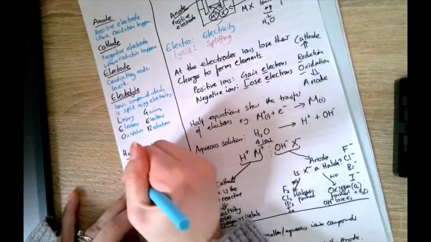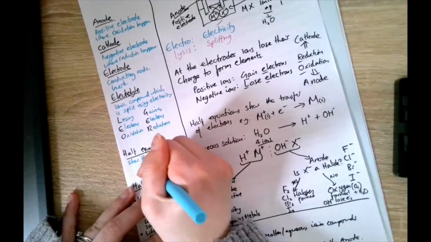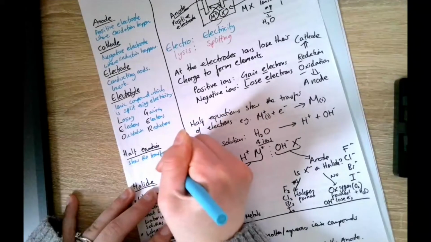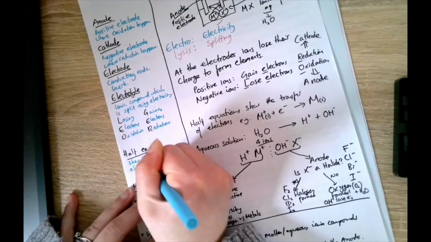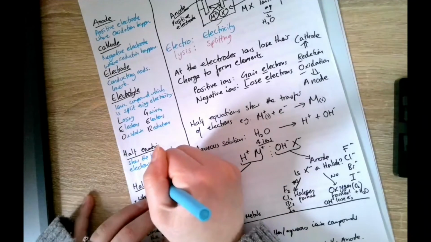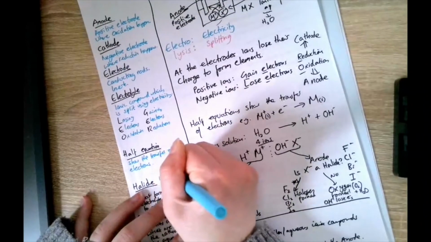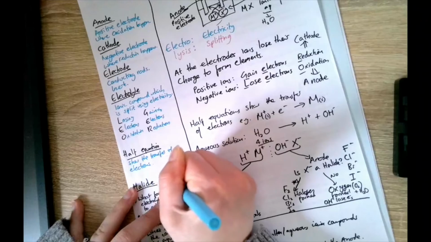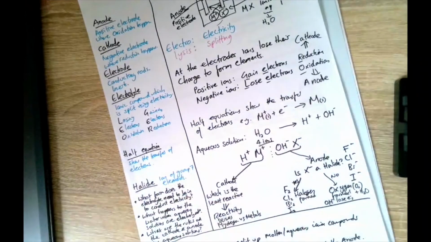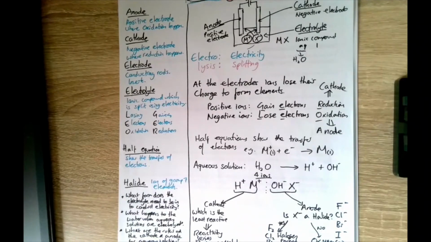Half equations show the transfer of electrons, and then our halide is an ion of group 7 elements. And those definitions would be useful on flashcards as well.